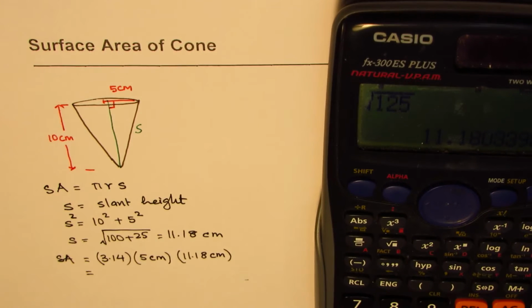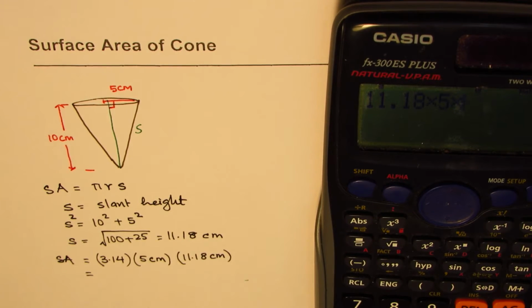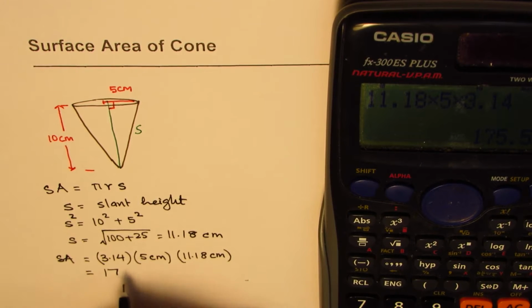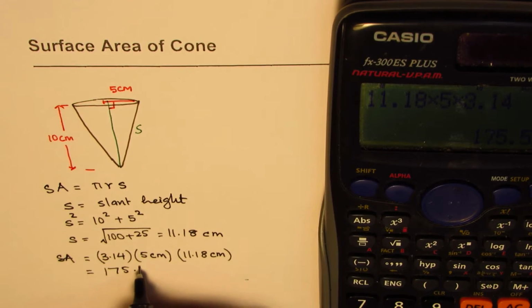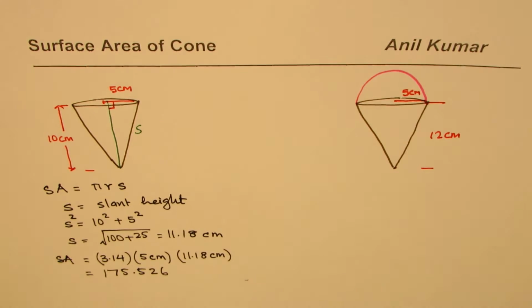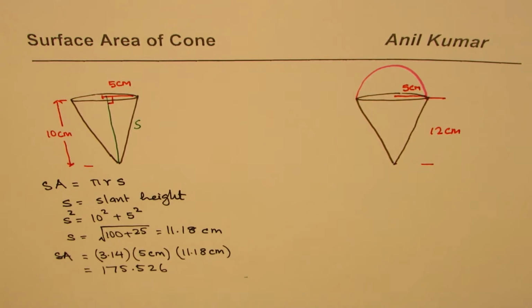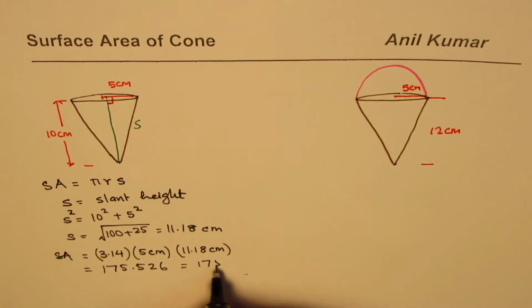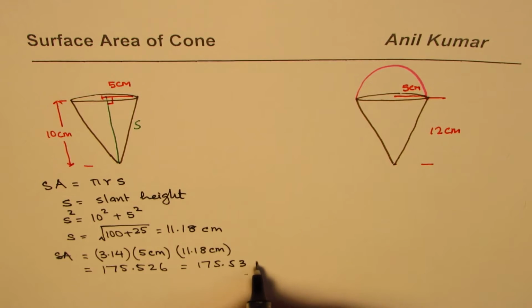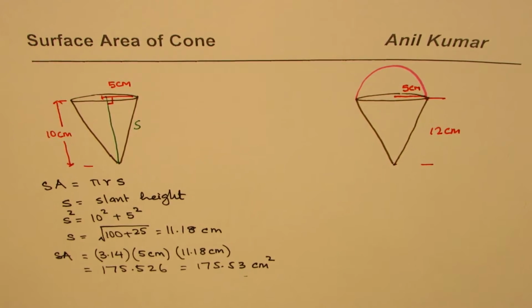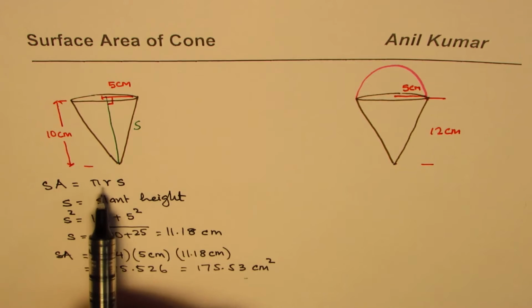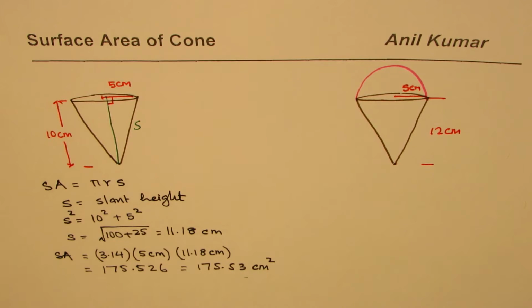So let's multiply them: 11.18 times 5 times 3.14 gives us 175.526. Rounding to two decimal places gives 175.53 centimeters squared. So that is how you can find the surface area of a cone. The formula is pi r s, where s is the slant height.